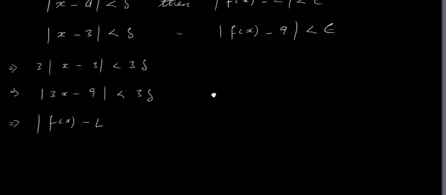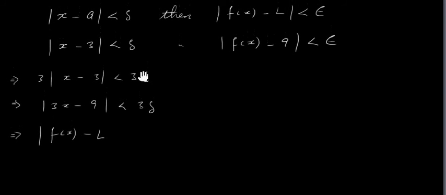So we're almost there, and we're saying that's less than 3 times delta. Now we've almost got the right hand side here. We've got our f of x, we've got our minus, and we've got our L, our limit. What we don't have is this part here: we have a 3 delta where we have epsilon.